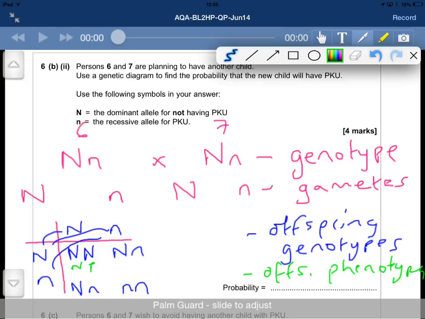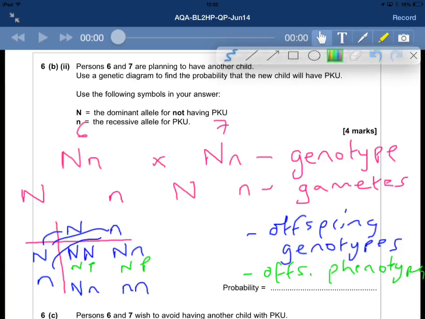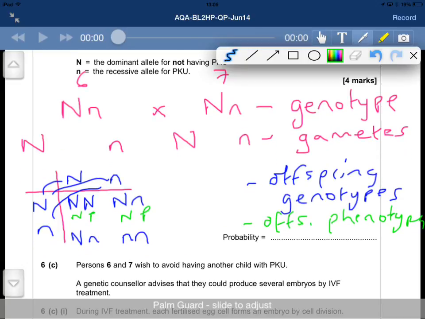Big N and small n has got a dominant allele, so no PKU. Big N, small n has got a dominant allele, so no PKU. Small n, small n has got no dominant allele, it's homozygous recessive, so PKU.